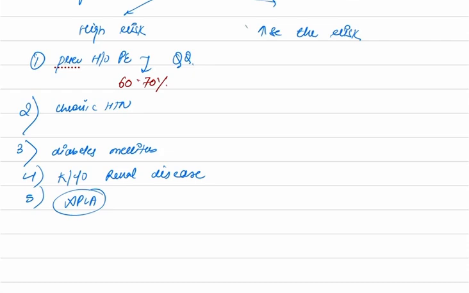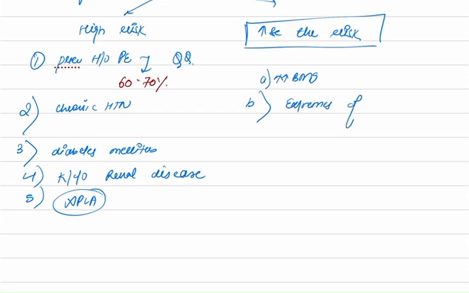Now, the other arm which includes the factors which only increase the risk. One is increased BMI. Second is extremes of maternal age, that is teenage or elderly age.